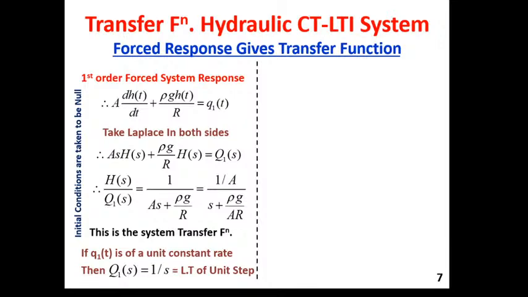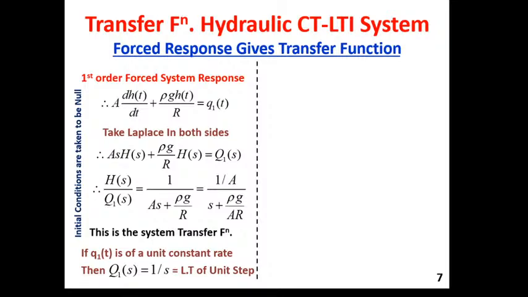If q1(t) is a unit constant rate which is being inlet to the container, then the Laplace transform of q1 is 1 by s. If it is 2 unit constant rate, then Q1(s) will be 2 by s. If it is 10 unit constant rate, the Laplace transform will be 10 by s. So the Laplace transform of a constant is the constant divided by s. These are very simple fundamentals we know while doing the Laplace transform.